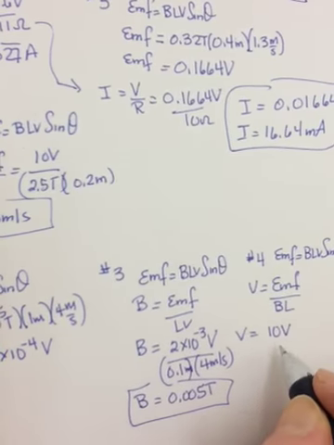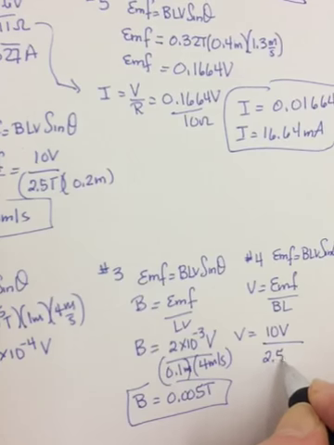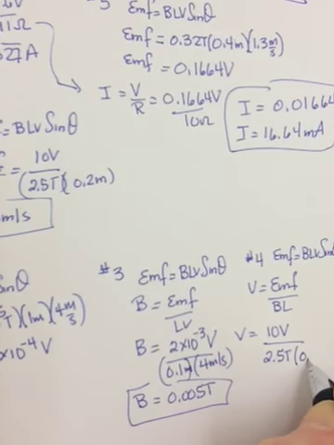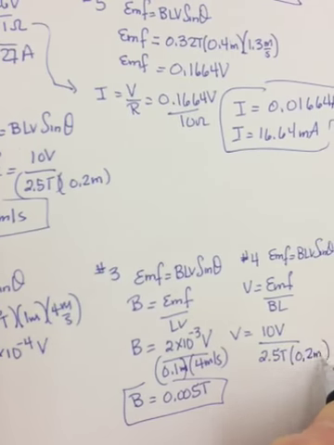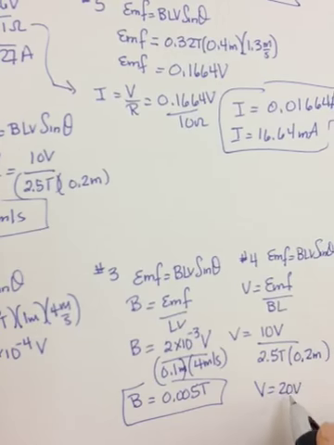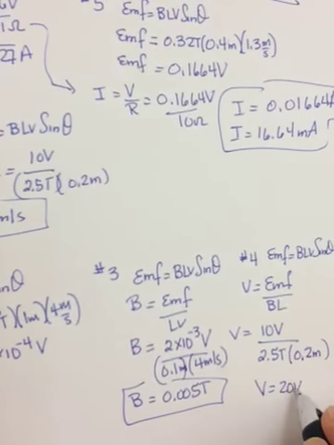The B was 2.5 teslas, and the L was 0.2 meters, so V is equal to 20. Oh, it's meters per second.